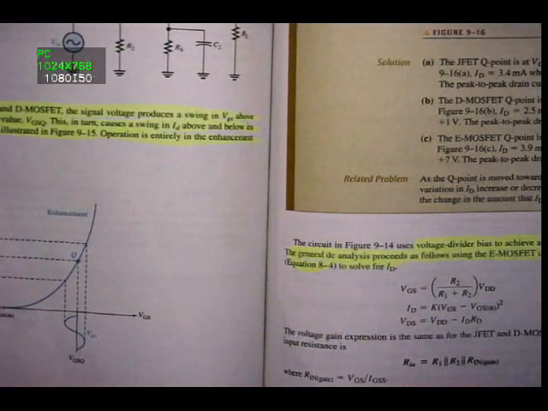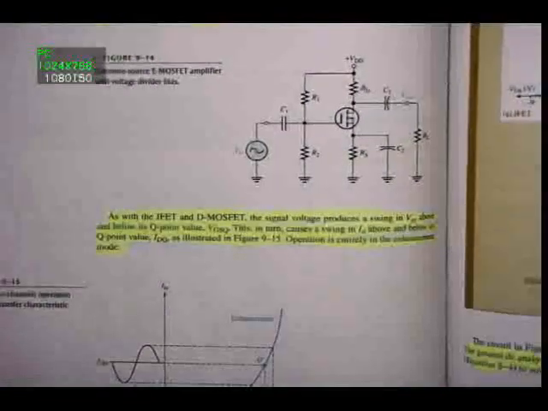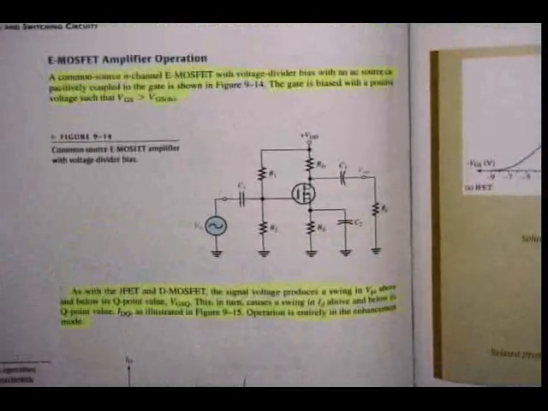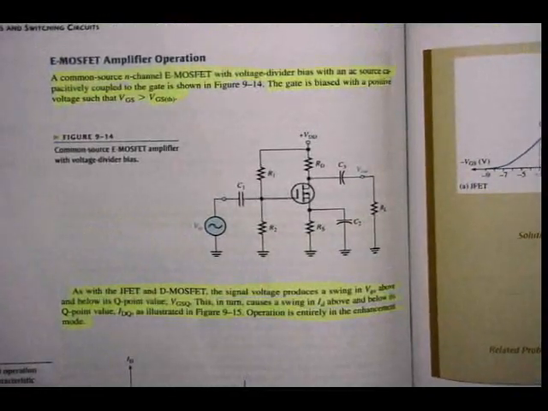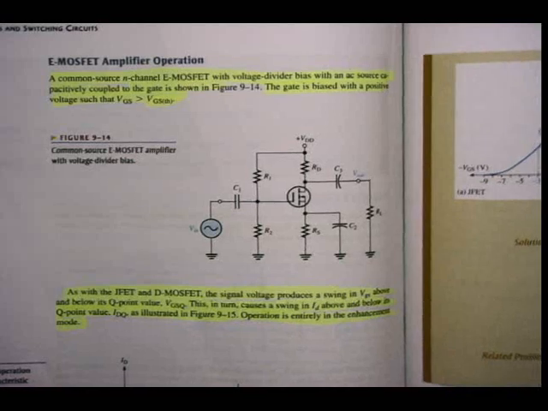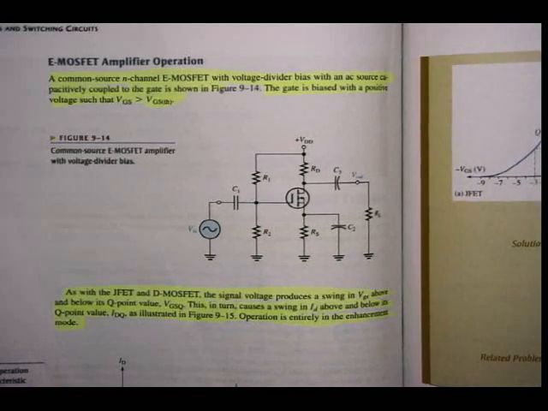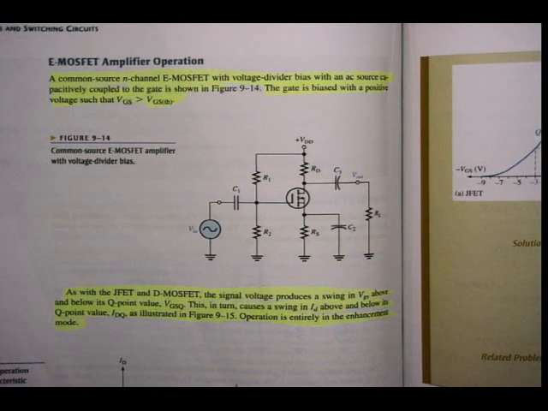Alright, so the E MOSFET amplifier operation. On page 446, a common-source N-channel E MOSFET with a voltage divider bias and an AC source capacitively coupled to the gate is shown in figure 9.14. The gate is biased with a positive voltage such that VGS is much larger than VGS threshold.